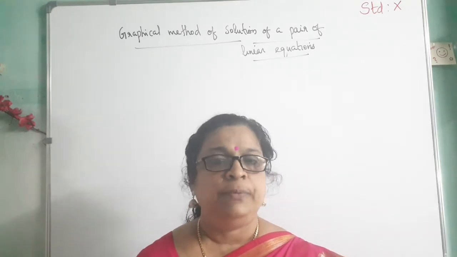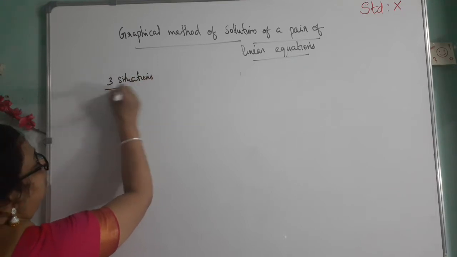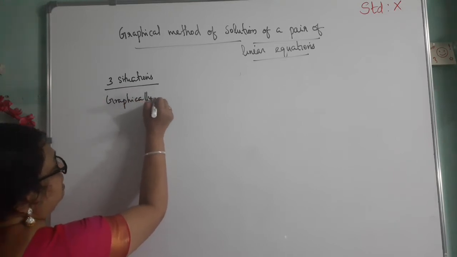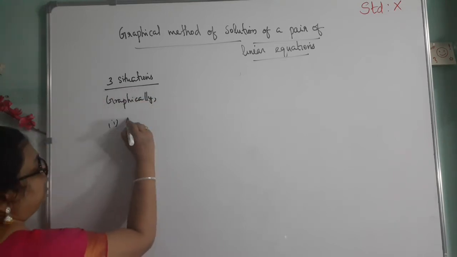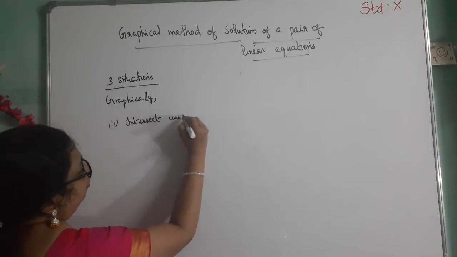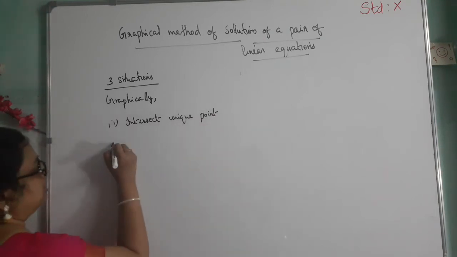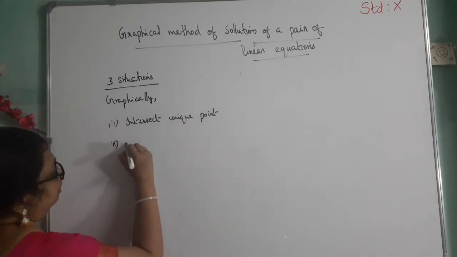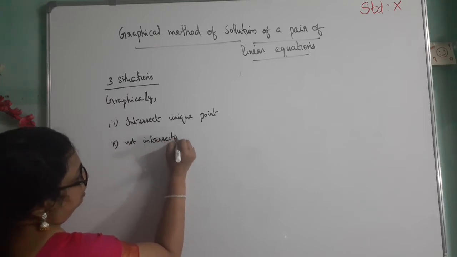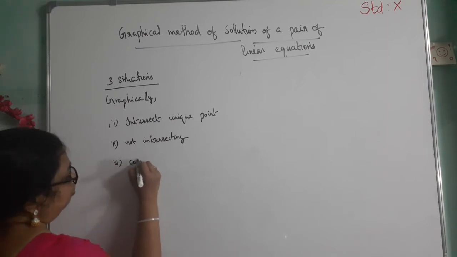So there are three situations when representing graphically: they intersect at a unique point, they do not intersect, or they are coincident.